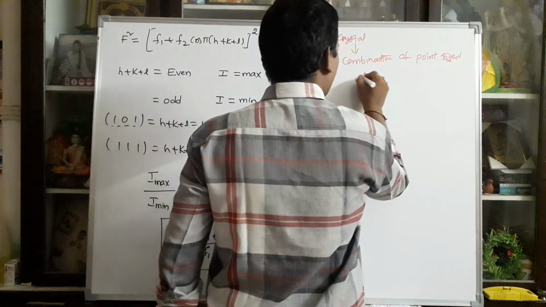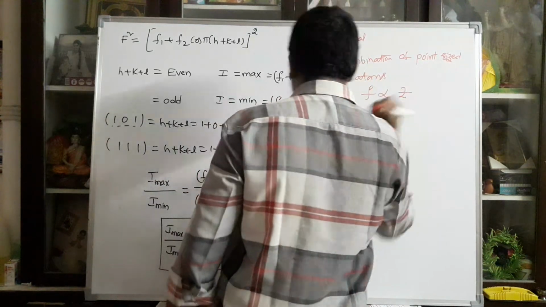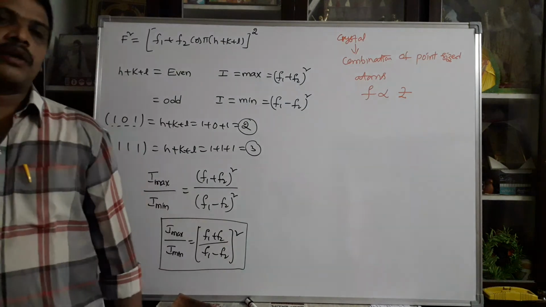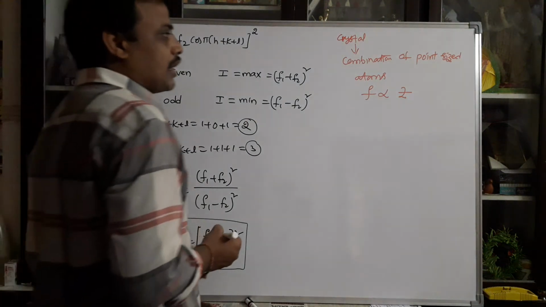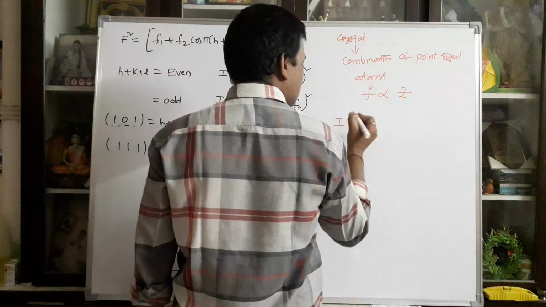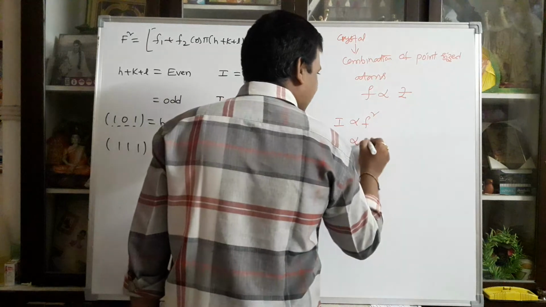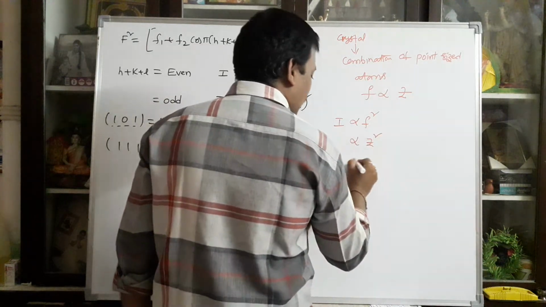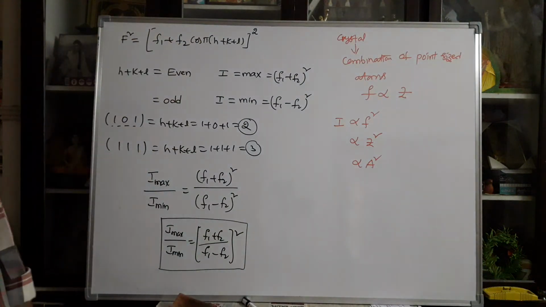The form factor value is always proportional to the atomic number. That is, intensity is proportional to F square, and intensity is proportional to Z square. In terms of amplitude, intensity is always proportional to the square of the amplitude.